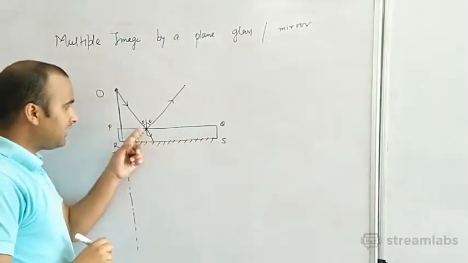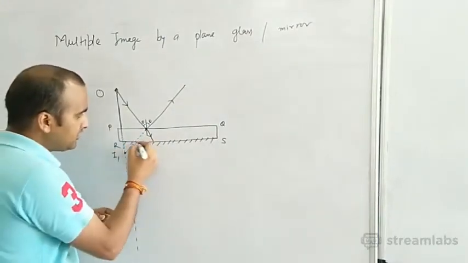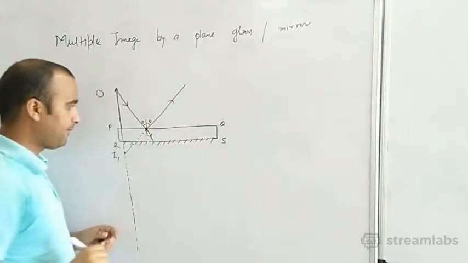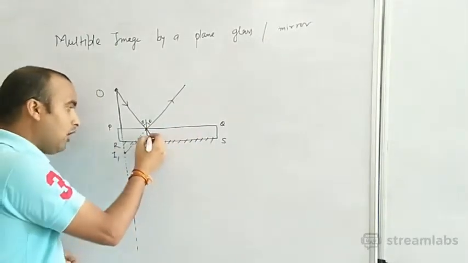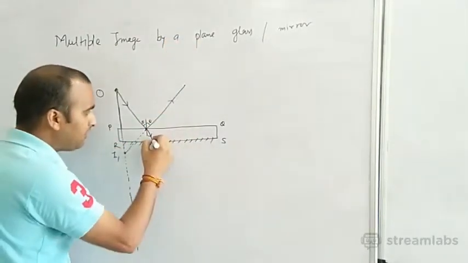Again, let us see here what will happen. The maximum part of the light is reflected, since this is the silver polished surface, so here the whole light will be reflected like this.